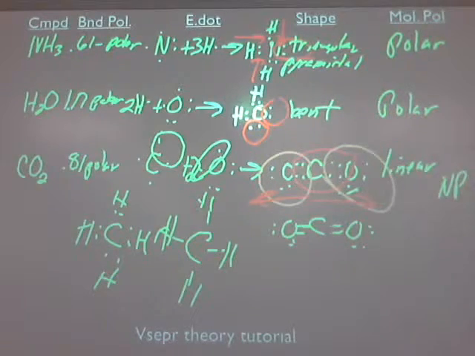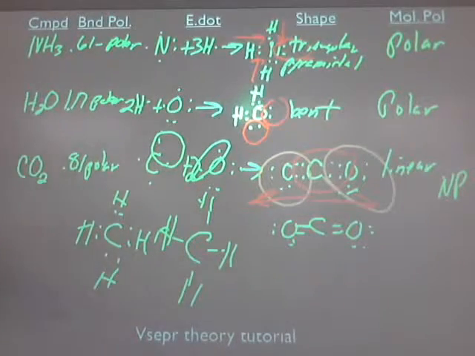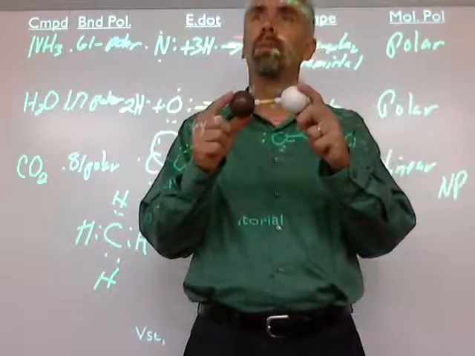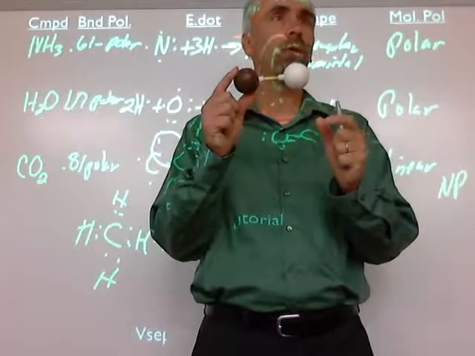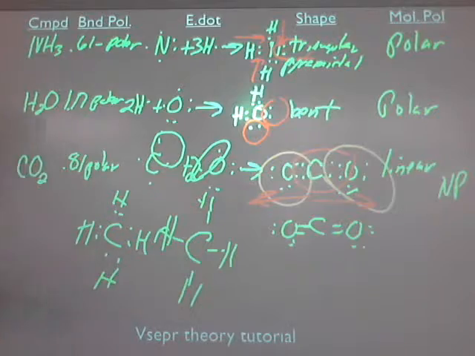Which it is in this case. But that's not what I said. I didn't say every time it's linear, it's symmetrical. Let's go back to the first one I did, HBr. What's the shape of HBr? Linear. Is it symmetrical? No. So it depends. If you've got somebody on your side pulling, absolutely.